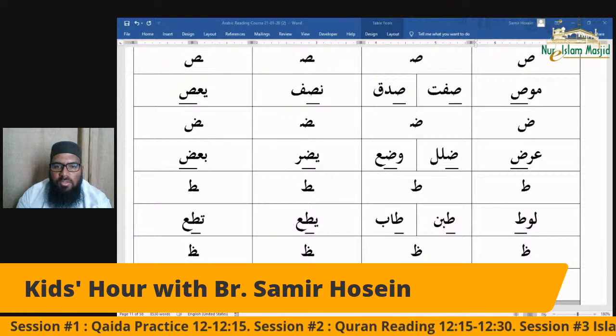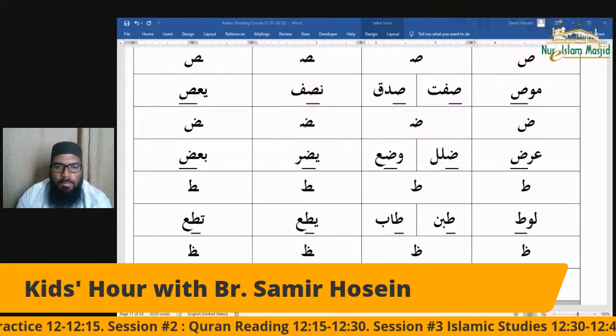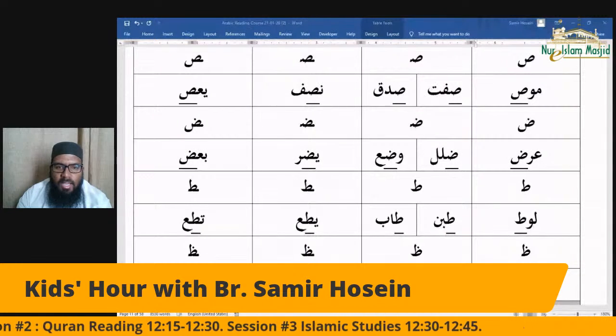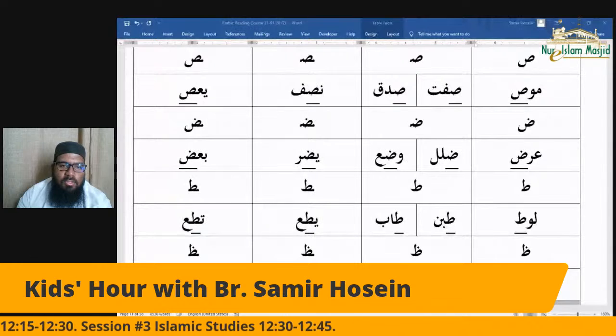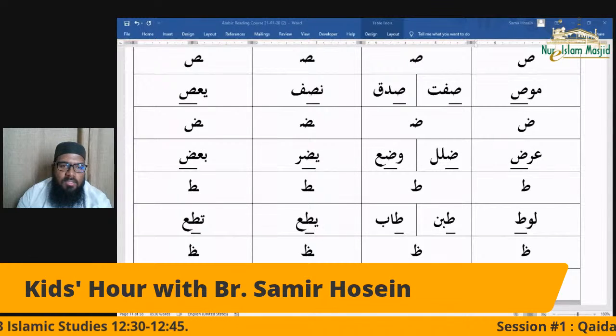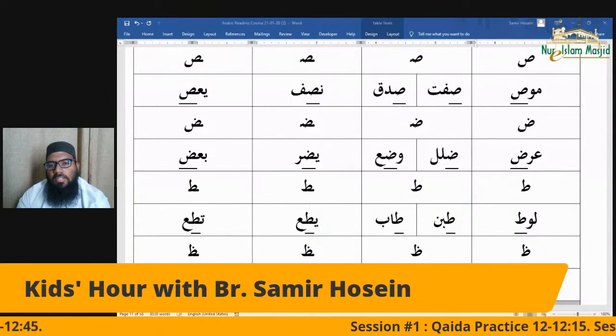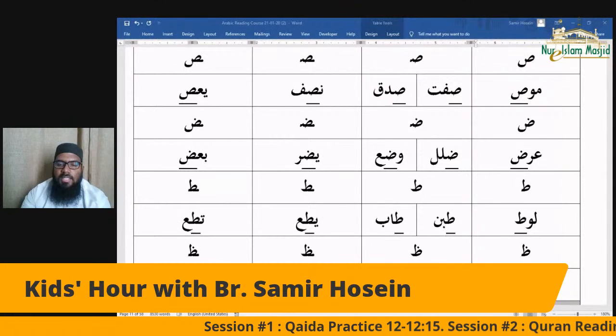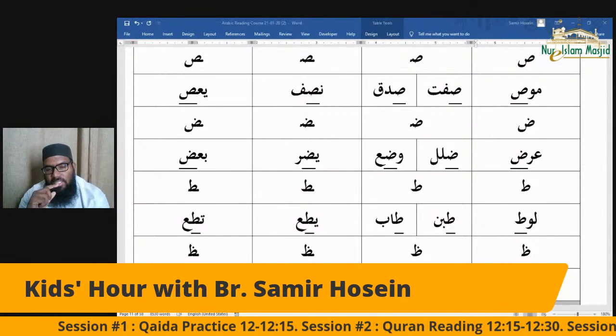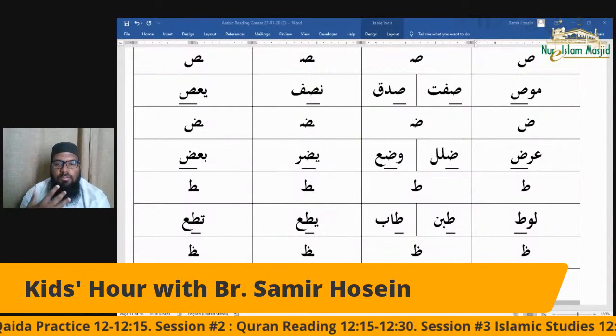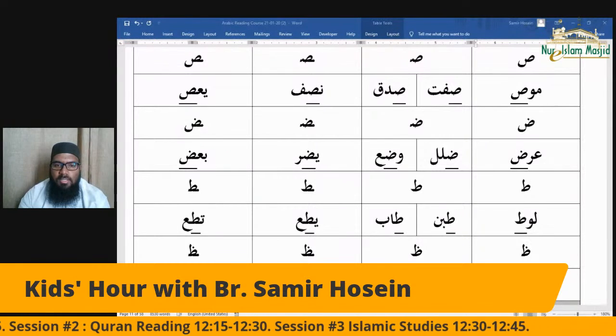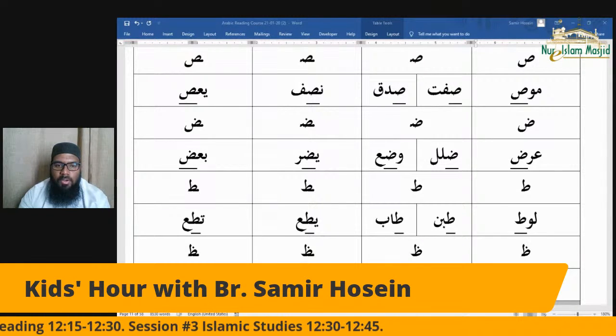For the first one we have the letter Sad. Now, remember that the letter Sad is like the actual sword that you might use to fight with. Not as flat as the letter Seen. And when we recite this letter, there's a full-mouthed or round-mouthed nature to the letter itself, inshallah. All right.